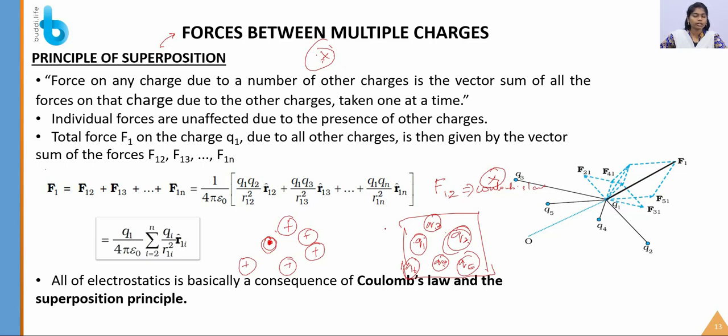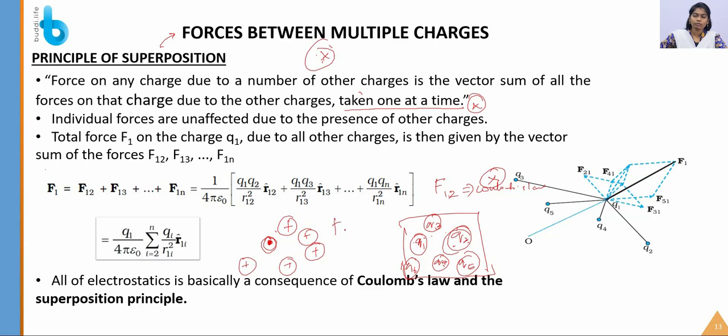It is similar to Coulomb's law in that it adds up all the forces experienced by the charge individually: the force on any charge due to a number of other charges is the vector sum of all the forces on that charge due to the other charges, but you have to take only one at a time. So it is a very important thing.